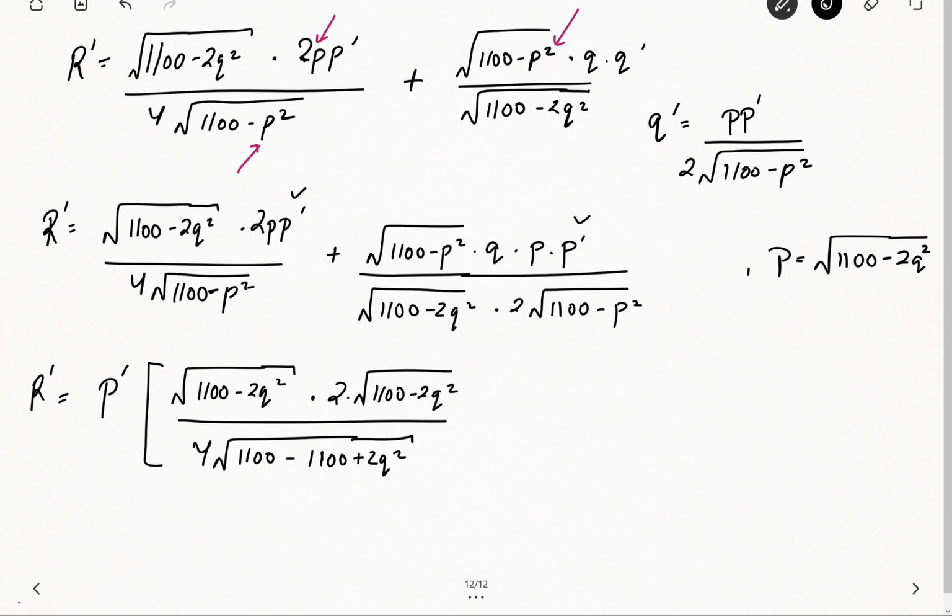So these 1100s will go away as well. The remaining part, again 1100 minus 1100 plus 2q squared times q times p, again we substitute like this.